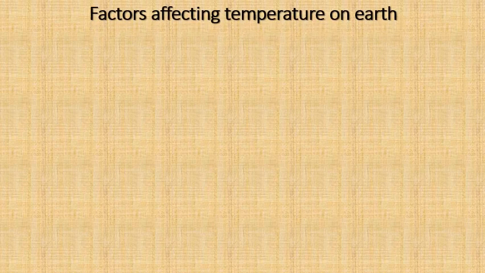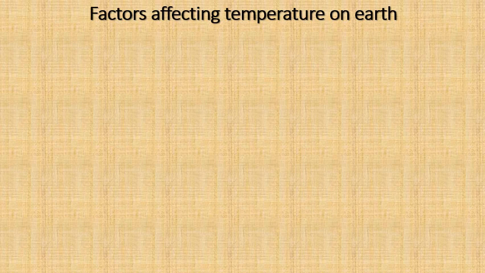Now we'll be moving into the topic which I've told you. This is a very important topic which is related to the questions I've given, and it's factors affecting temperature on Earth. So factors, this word you will be hearing again and again in your higher classes. What are the factors that affect temperature, affect rainfall, affect climate, affect humidity, affect pressure?